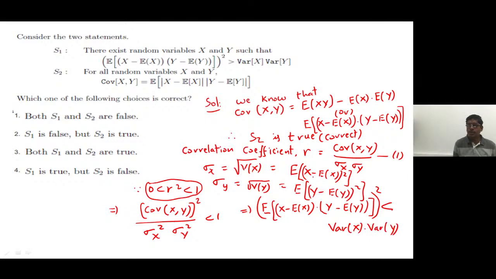Here I wrote V of x, which means variance of x. V of x is nothing but, in short form, Var, variance of x. V of y is nothing but variance of y. Var means variance of y values here. But statement 1 is given in the reverse way, greater than.